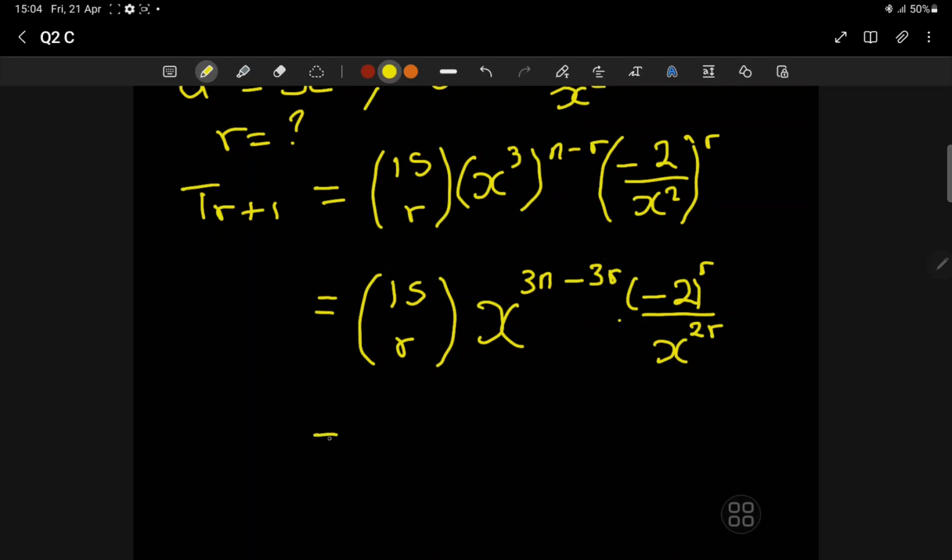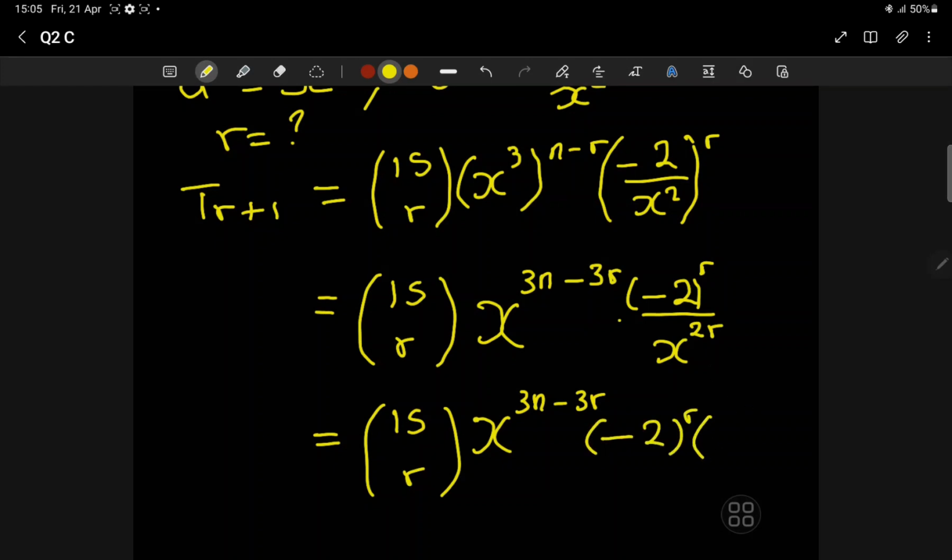So this is equal to 15 combination r, we'll have x^(3n-3r), then the x will go to the numerator, so we'll end up having (-2)^r, and we also have x, so when it goes to the numerator, it will become x^(-2r). So these three terms are multiplying.